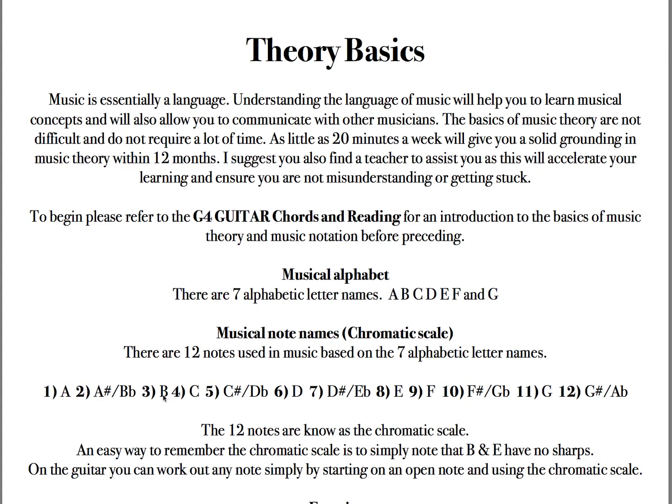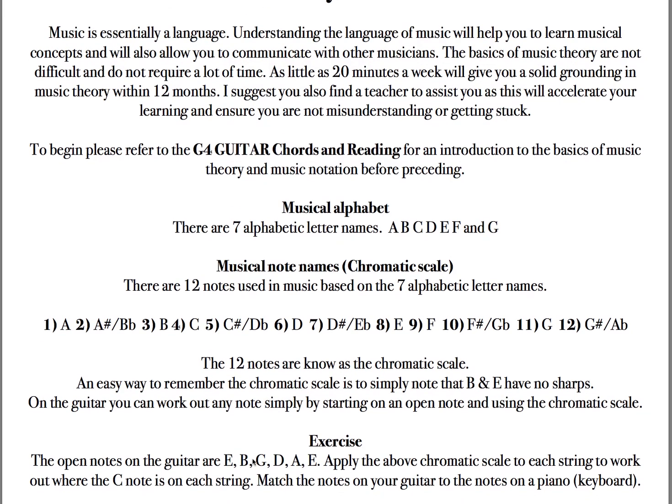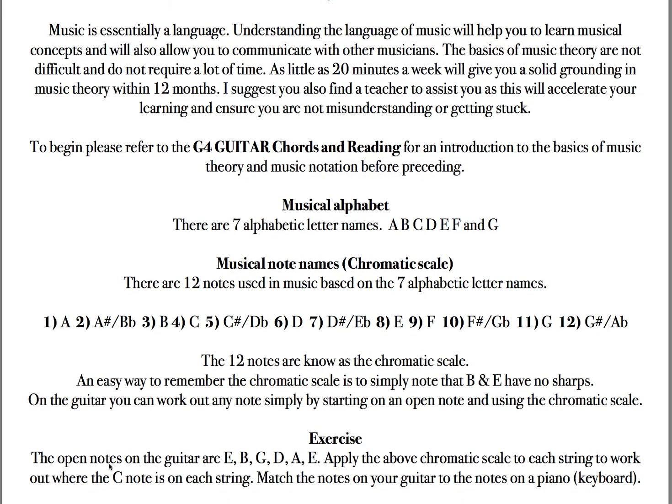If you go to the 2nd fret, it will be a B, to the 3rd fret, a C, and so on. So by knowing the open notes on the guitar, the 6 notes which you will get by looking at the guitar chords and reading book, then you will be able to work out any of the notes on the guitar.